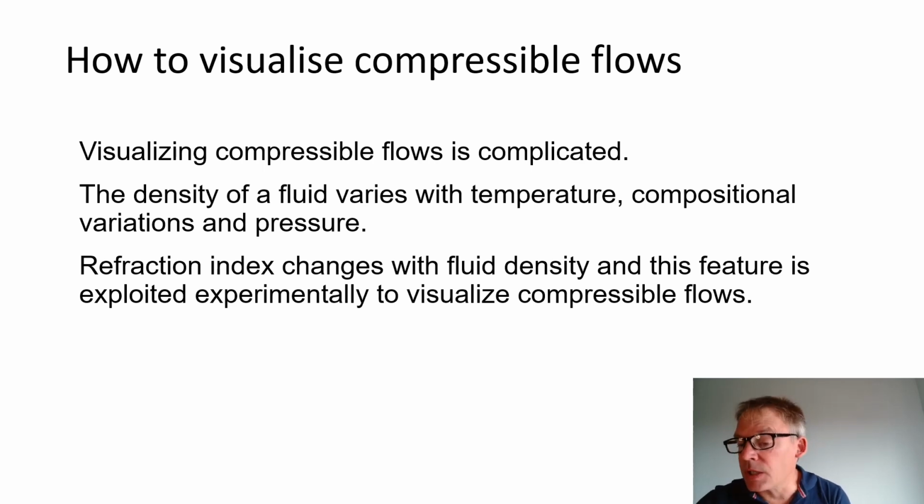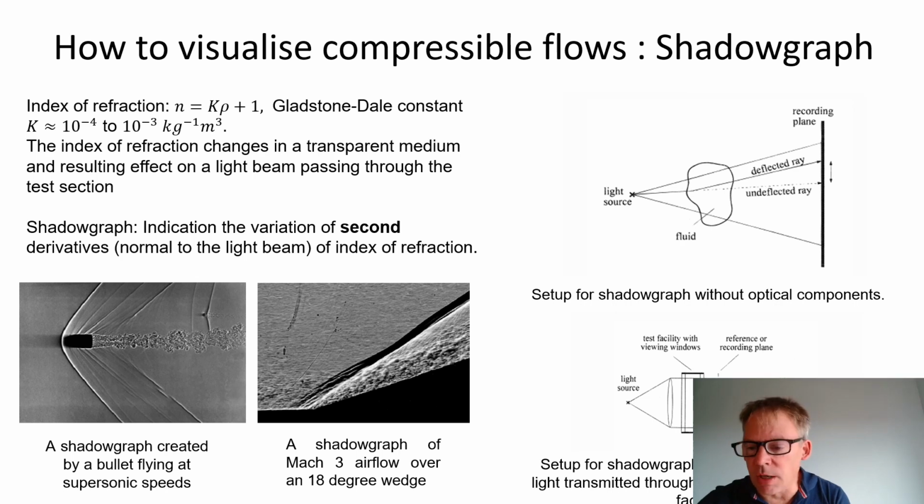One is basically a visualization technique, so that's Shadowgraph. It's relatively easy to set up, and it doesn't give you quantitative information, but it does give you an ability to identify certain flow features. It works on the following principle: if we have a point light source or localized light source that goes through a region where there's a density change, then the light rays are deflected due to a change in refractive index.